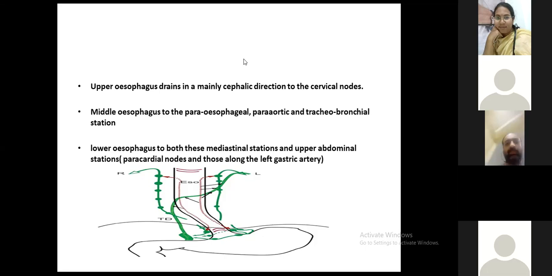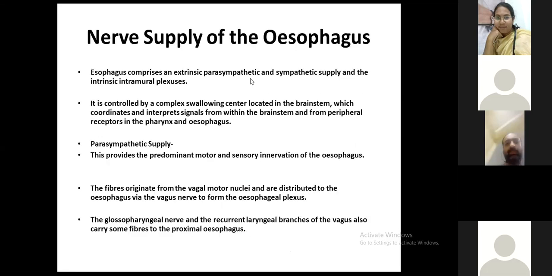Right. Okay, continue, Madan. Next is the nerve supply of the esophagus, which will be further discussed in the physiology of the esophagus. In this slide, I will be mentioning anatomically and histologically how the nerve supply of the esophagus can be appreciated. The esophagus is supplied by extrinsic parasympathetic as well as sympathetic supply, as well as the intrinsic intramural plexus.